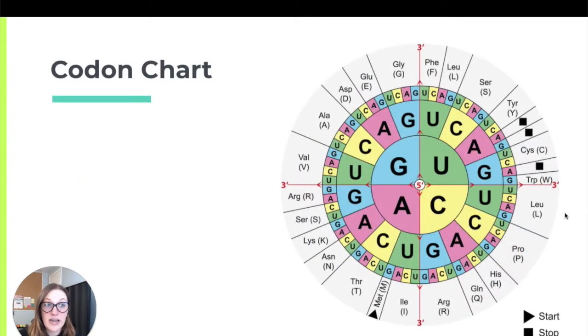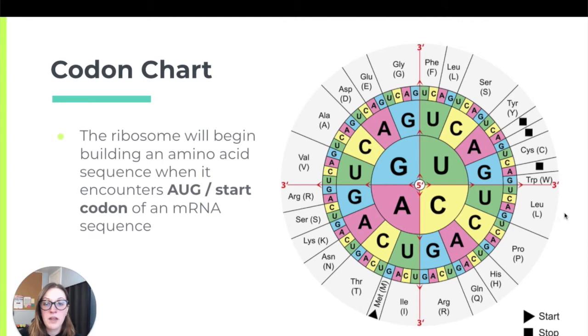We can understand how this works by using a codon chart. Say, for example, I extracted an mRNA molecule out of a cell, and I wanted to know what specific type of protein it codes for. What is the sequence of amino acids for that protein? Well, I can use a series of steps to read the A's, U's, G's, and C's of that mRNA in order to understand the amino acids. The ribosome will do this process as well.